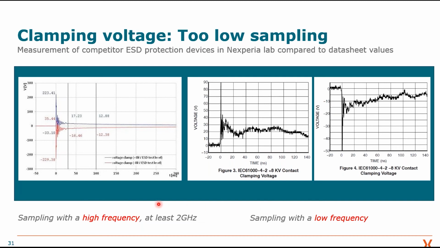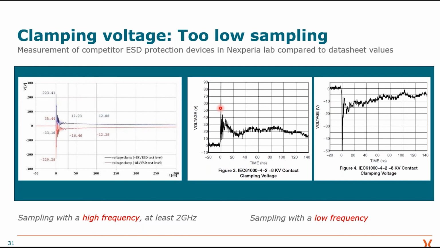What we've done is re-measure these ESD protections with a high sampling rate, at least 2 gigahertz, and what we see can be very surprising. At the beginning, in the first nanoseconds of the ESD strike, we measured voltages up to 223 volts using this high sampling rate of the oscilloscope.